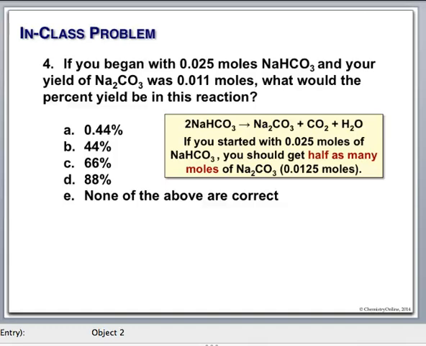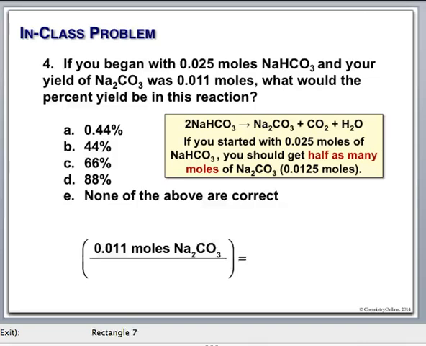Our theoretical yield is what? Well, again, if we started with 2 moles, we would get 1, wouldn't we? So if we start with 0.025, we should get 0.0, well, we'll get half of this.